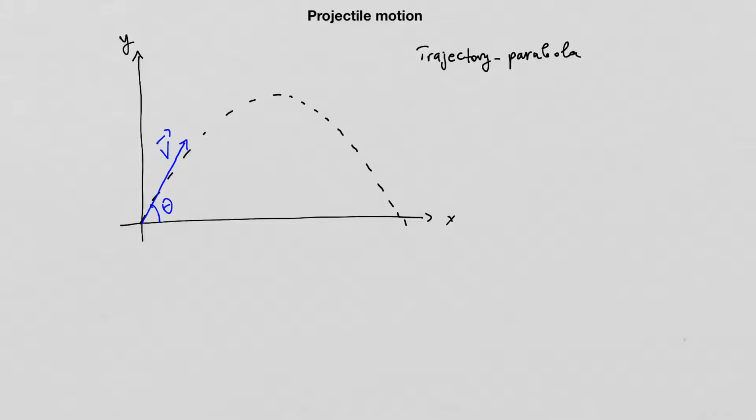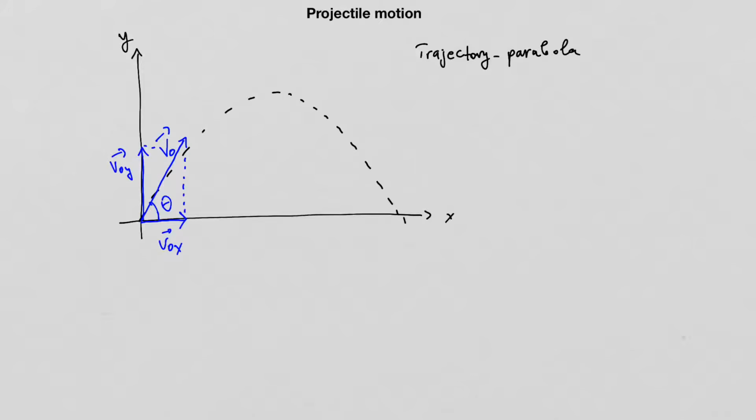And so since this is a two-dimensional vector, I can present it as a horizontal component and a vertical component. Since this is an initial velocity, I will also index the velocity with 0. And so the horizontal component is v0x and the vertical component is v0y.